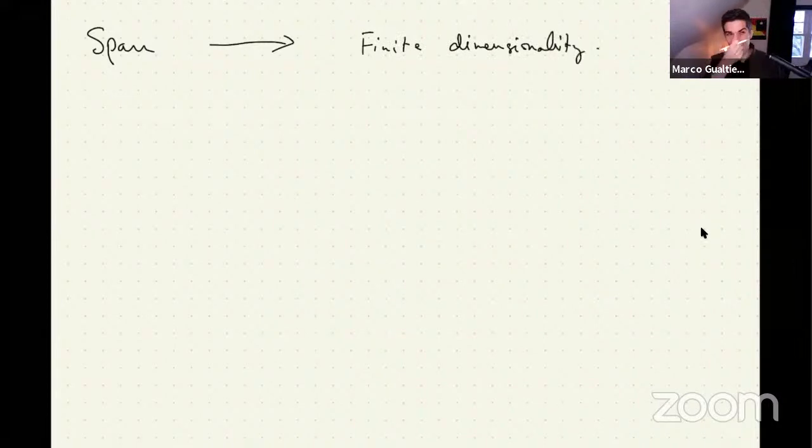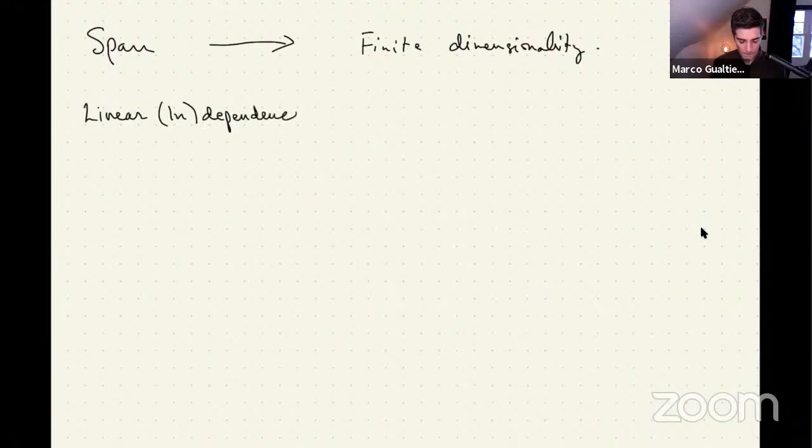Okay, but then we have this other idea of linear dependence. What is it? Remember that it's a property of a list. It says that a list of vectors is linearly dependent when you can find a non-trivial linear combination which equals 0.